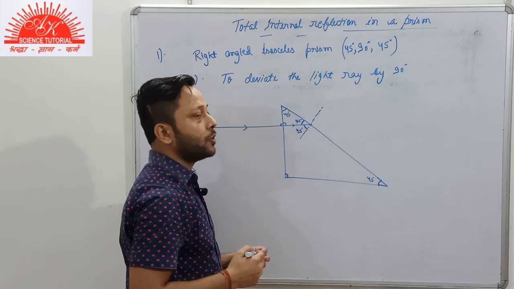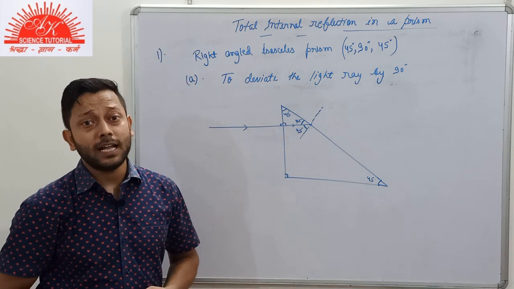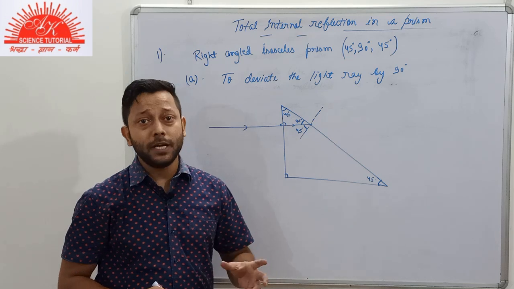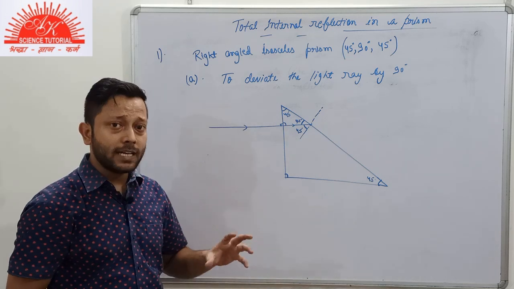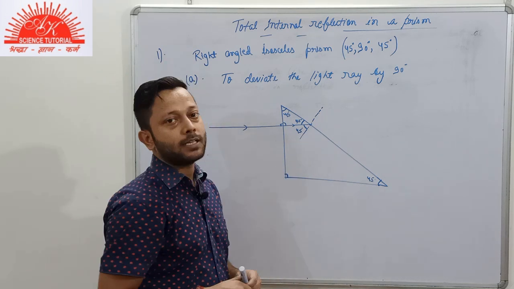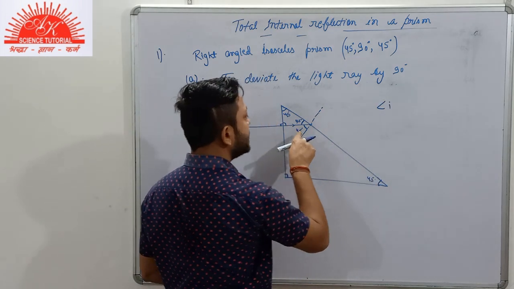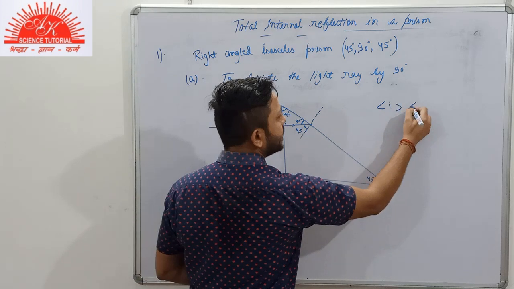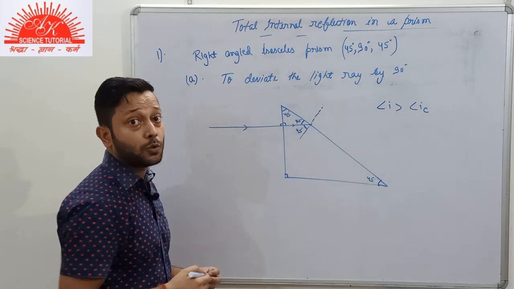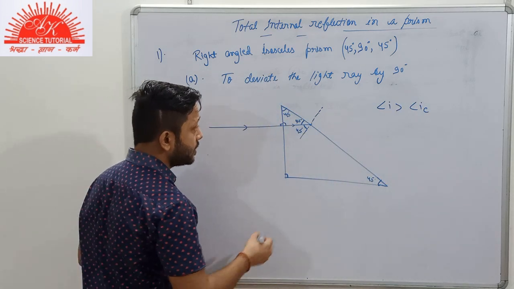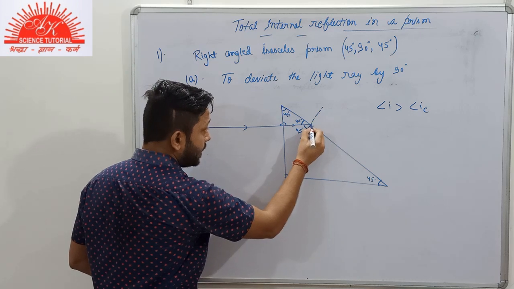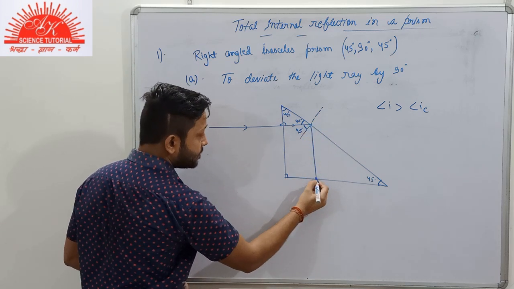Now, I told you in the last video that the critical angle for the glass and air pair of media is 42 degrees. And as you can see, the angle of incidence, 45 degrees, is greater than the critical angle. So obviously total internal reflection will take place. So here total internal reflection takes place.